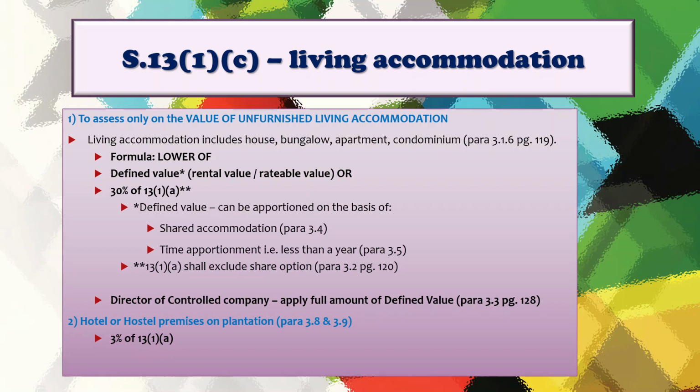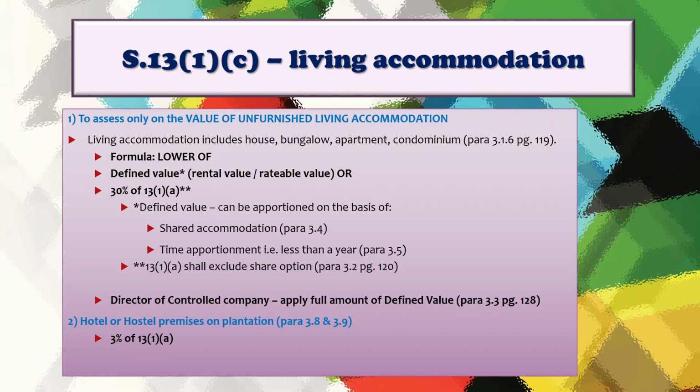There is a formula we use to compute it: the lower of the defined value compared against another amount. How do we compute the defined value? It is based on the rental value of the house. Let's say the landlord allows us to rent a condominium for 5,000 because it's fully furnished.